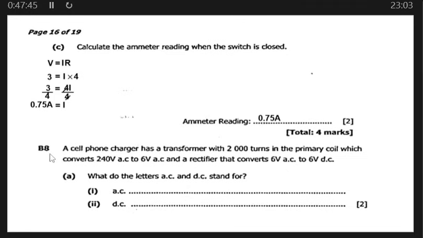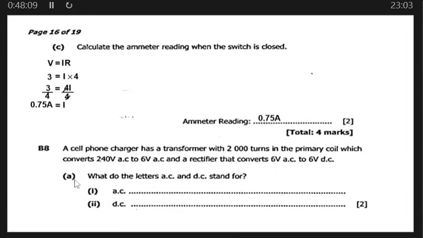B8 says a cell phone charger has a transformer with 2,000 turns in the primary coil, which converts 240 volts AC to 6 volts AC, and a rectifier that converts 6 volt AC to 6 volt DC.